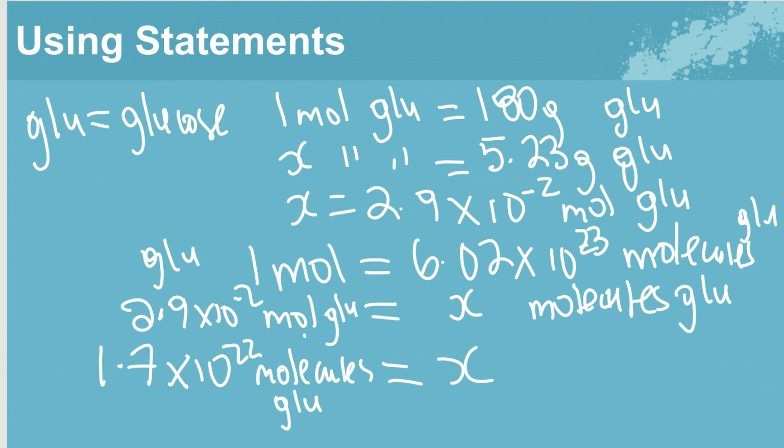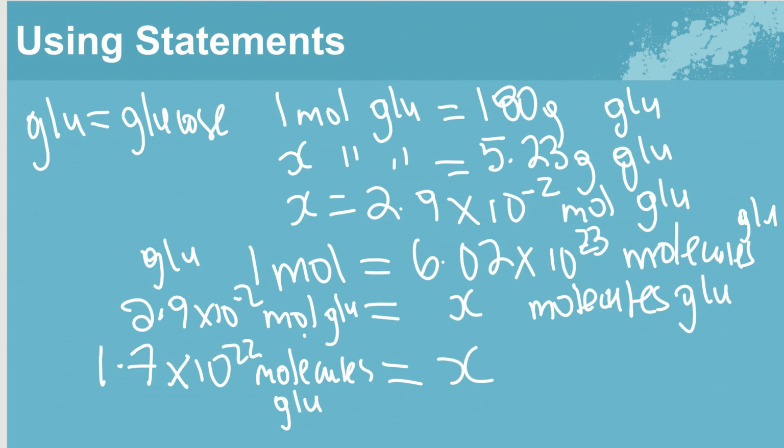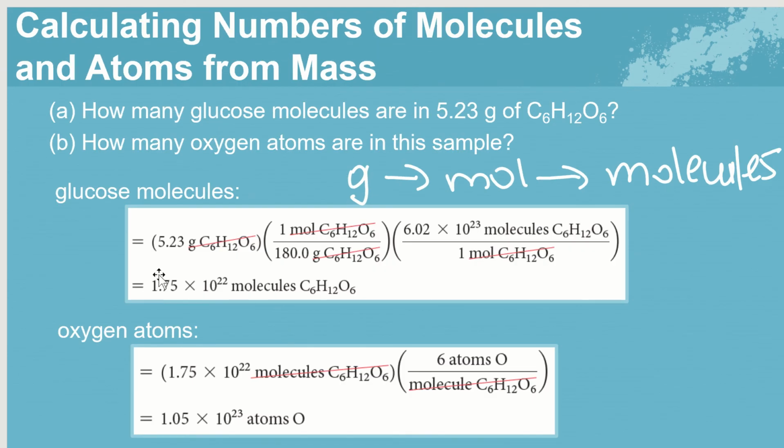And that's the same number that we got here, right? So notice here, we don't have the same amount of significant figures. The correct number would have been 1.75, or 3 significant figures, sorry, based on the numbers that we have here, right?